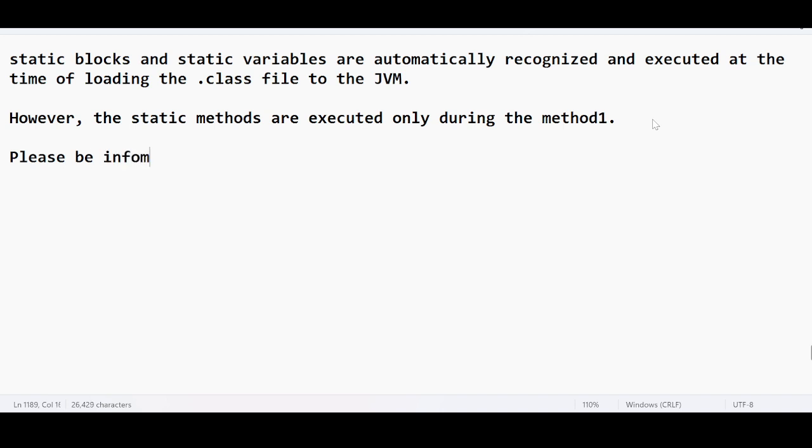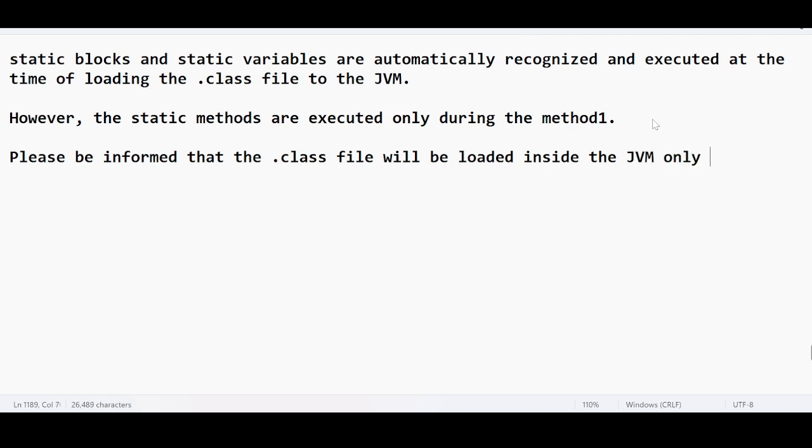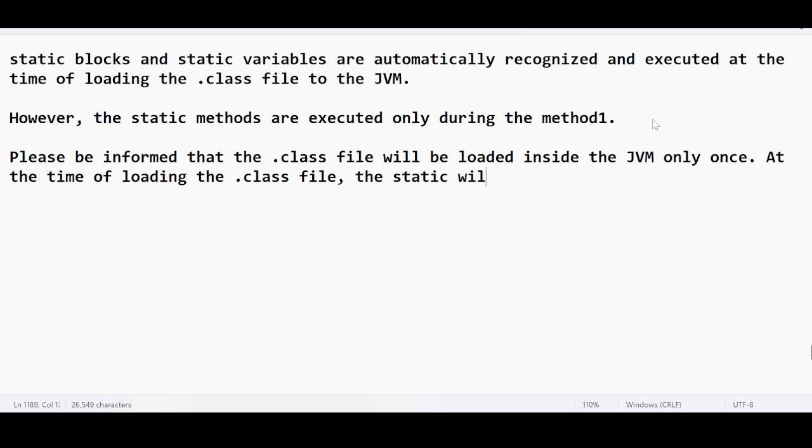Please be informed that the .class file will be loaded inside the JVM only once. So at the time of loading the .class file, the static context will get recognized and executed.